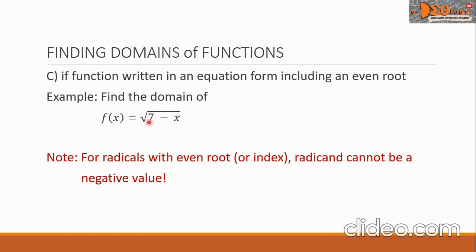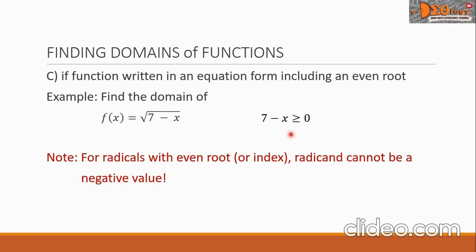And in our problem, the index is 2. So what we'll do now is copy the radicand, that is 7 minus x, and then we will write greater than or equal to 0, because this radicand cannot be negative. So we will always use this symbol, greater than or equal.